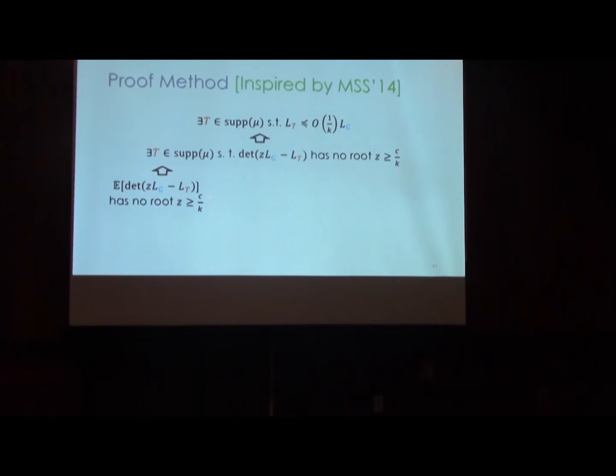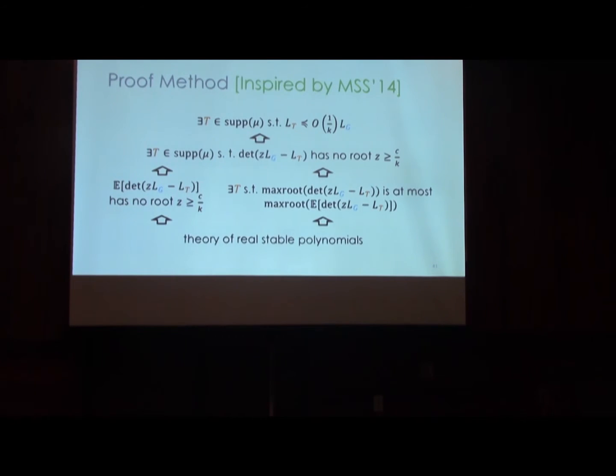This is an expected polynomial, and it's not obvious at all that it has real roots. But we're going to show that it has real roots and that no root of it is bigger than c over k. Then we're going to show that there has to be a point in the support whose max root is bounded by the max root of this average. And then from these two I would get this. Basically I'm going to use the theory of real stable polynomials to get both of these results.